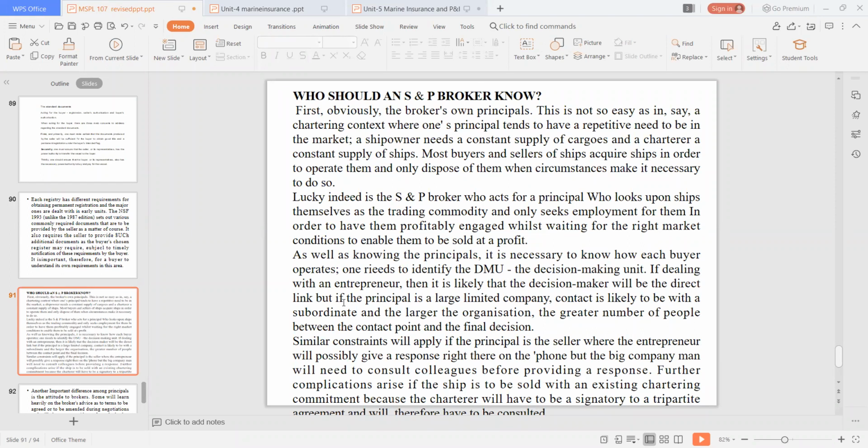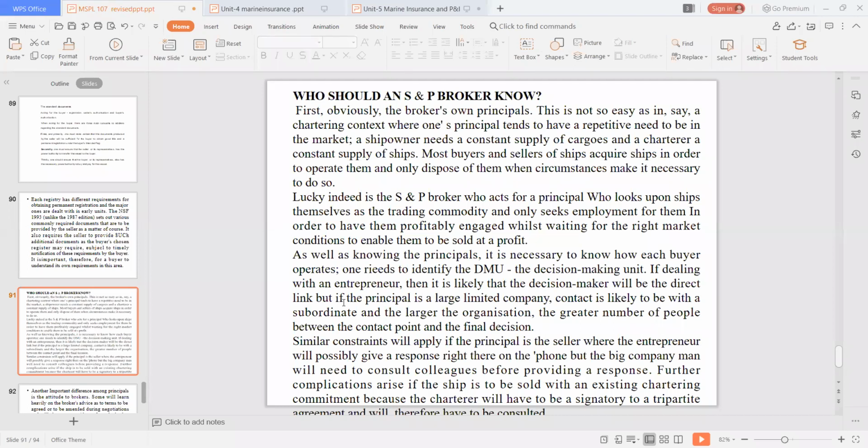As well as knowing the principals, it is necessary to know how each buyer operates. One needs to identify the DMU, the decision-making unit. If dealing with an entrepreneur, then it is likely that the decision maker will be the direct link.